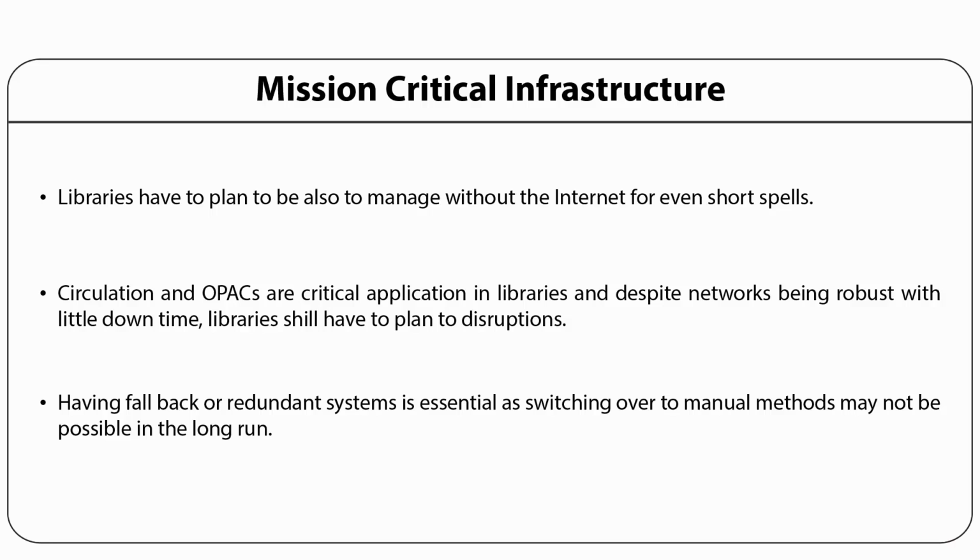That was because the automated system or the OPAC was not robust, and whenever there used to be a failure, the libraries used to fall back on the manual system. This has, of course, disappeared now, but most libraries should have a fallback or redundant system in the electronic format, so that some of these mission critical operations or the mission critical infrastructure are maintained without failures.